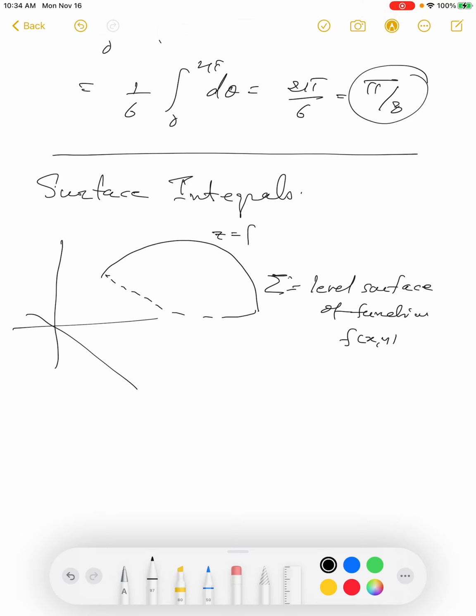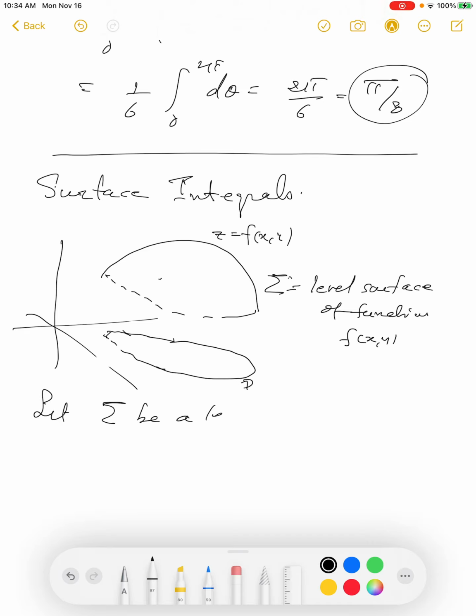So the equation of this is z equal to f of x, y. The projection of this is D. Maybe I'll draw a little, that looks more like its projection. This is your D. So now you have a function g on this. So I should formulate it this way.